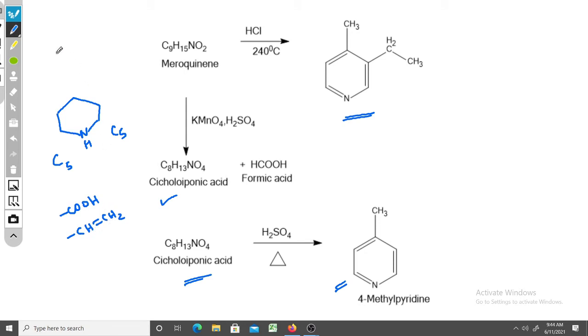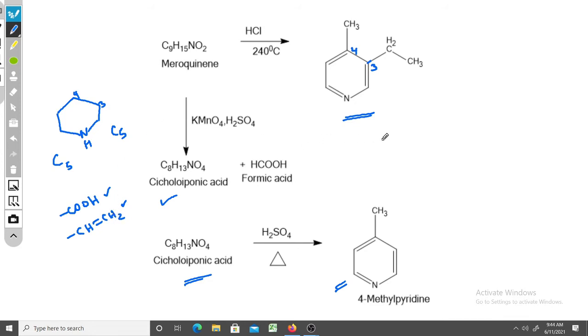So those 4 carbon should contain one COOH group and a CH double bond CH2 group. So there may be two combinations. The point of attachment will be at carbon 3 and 4, because we identified the product by using this product. Okay, that is, here the substituents are in 3 and 4 position. So the remaining 4 carbon should be attached at 3 or 4 and it should contain the functional groups COOH and CH double bond CH2.